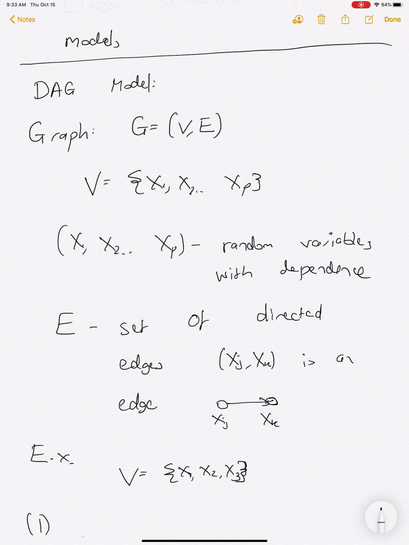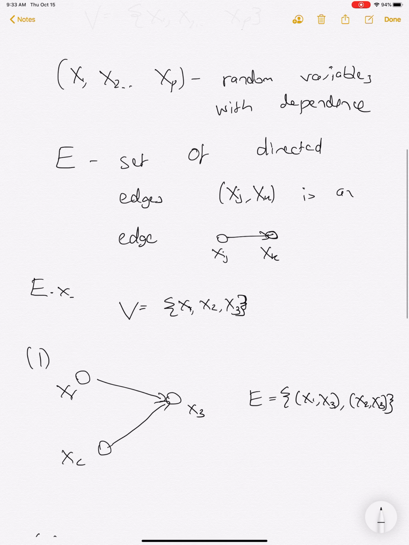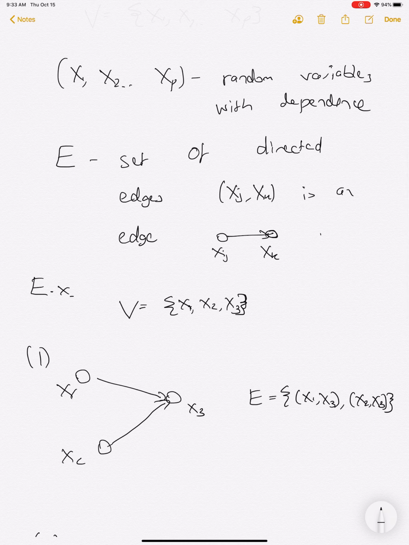And these random variables have dependence, and in some sense, the graph structure encodes some information about this dependence structure. And E is a set of directed edges. If (Xj, Xk) is a directed edge, it's very important that Xj is the parent of Xk. So I'll just write that down. Xj is the parent of Xk.